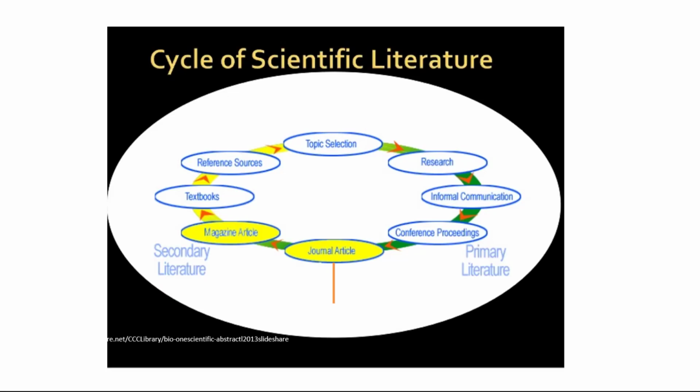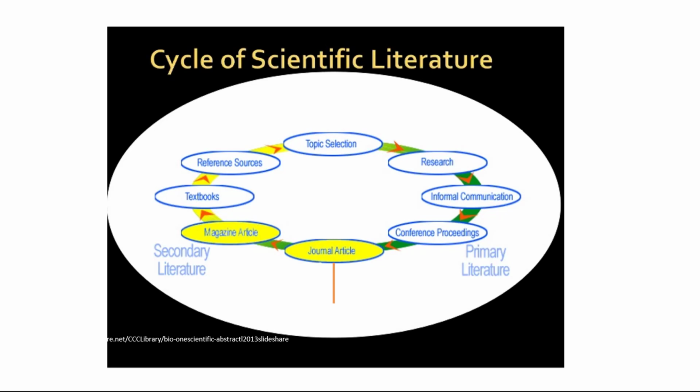And literature can actually be both primary and secondary. So this graphic shows that a little bit here. So first we have a topic selection, we research it, we'll talk about it amongst our peers in the field, then we'll submit a paper or poster, and that can be published as a journal article.